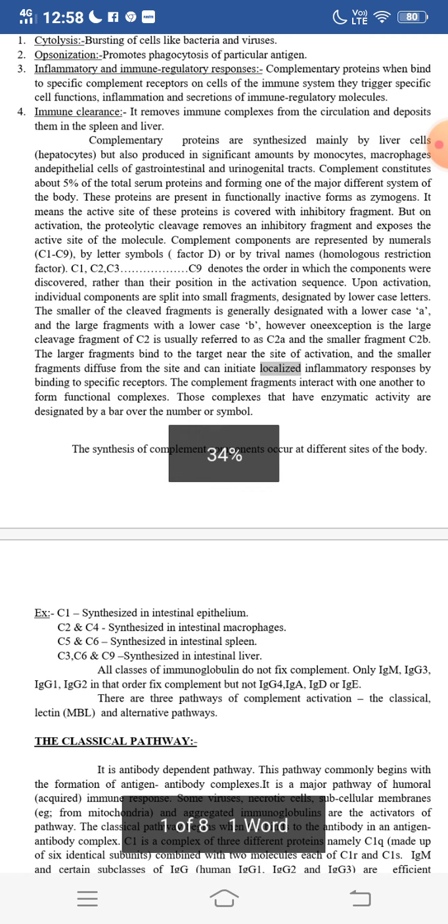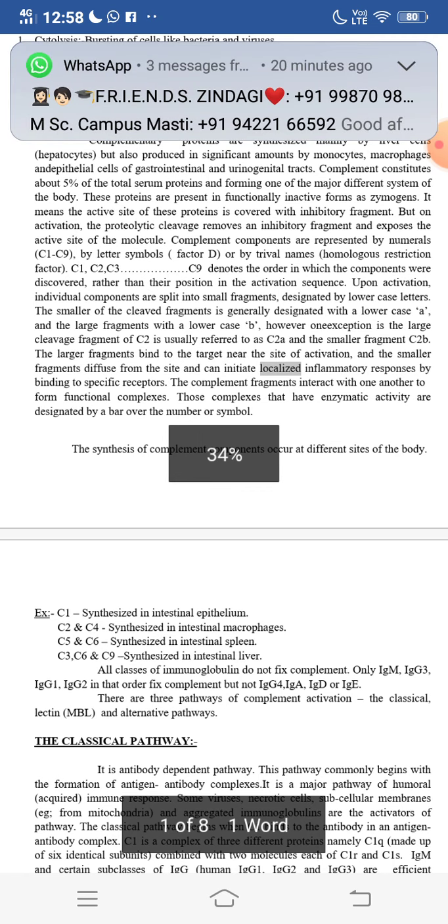However, one exception is the large cleavage fragment of C2, which is usually referred to as C2a, and the smaller fragment as C2b. Only in the case of C2 complement will you see that it is split up into two fragments, C2a and the smaller fragment C2b.